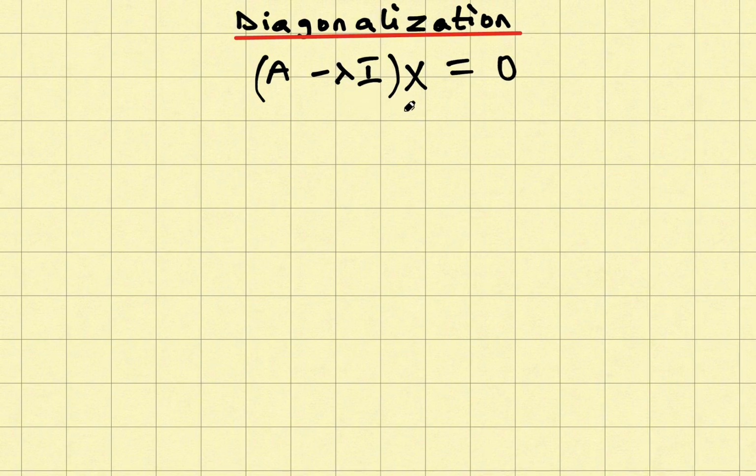Now, how do we compute the eigenvalue? Basically, we need to look for the characteristic polynomial of matrix A. And how do we get the characteristic polynomial of matrix A?